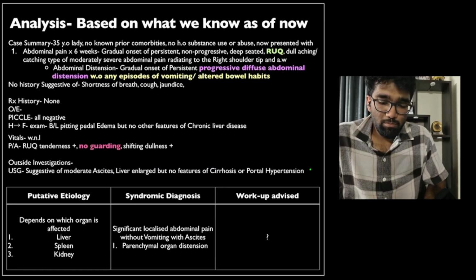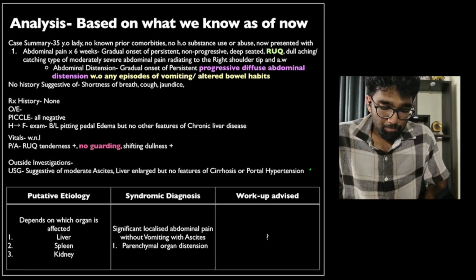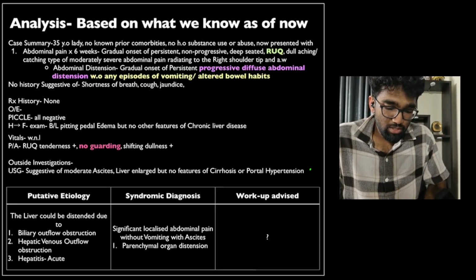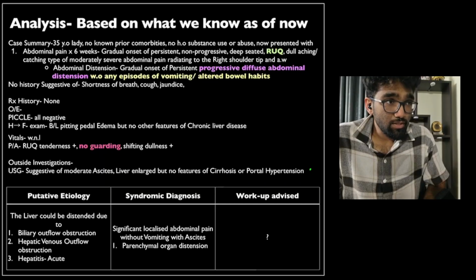It was in fact due to parenchymal organ distension. So in that we thought that it could be the liver, it could be the spleen and the kidney, but based on location, obviously we finally said that it was likely due to hepatic distension, and this hepatic distension could have been due to biliary outflow obstruction, hepatic venous outflow obstruction, and even acute hepatitis, resulting in distension of the hepatic capsule.